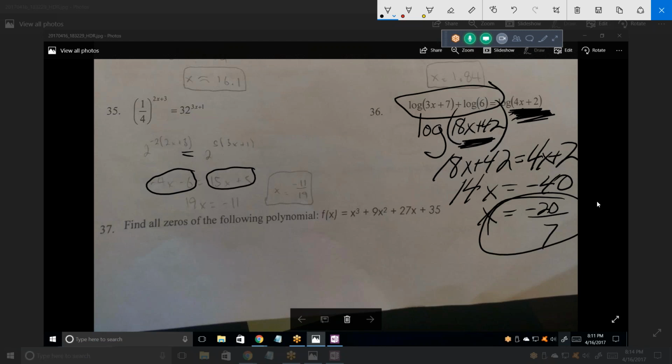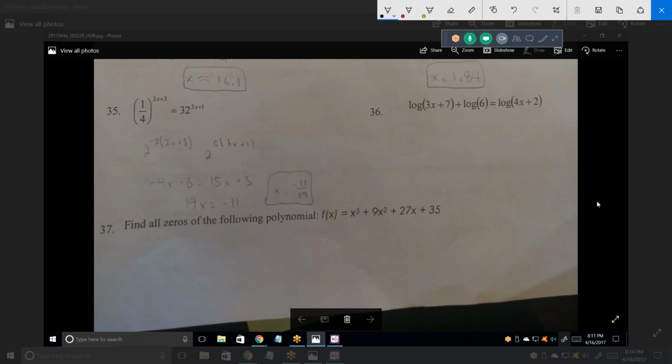All right, number 37. What in the world are they giving you this problem for? This is pre-calc, first of all.